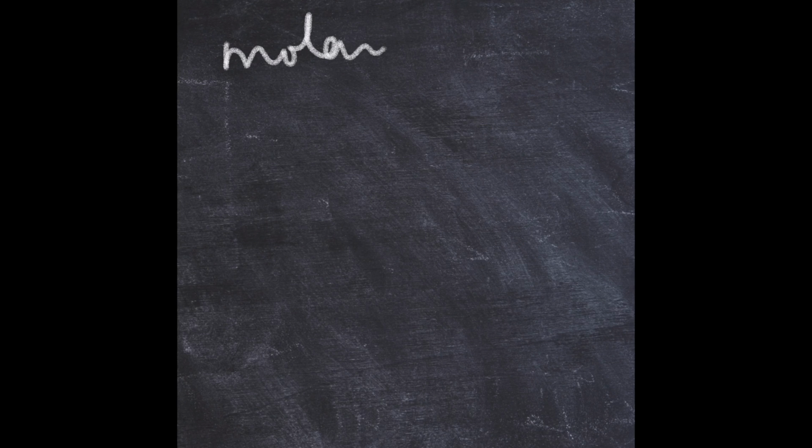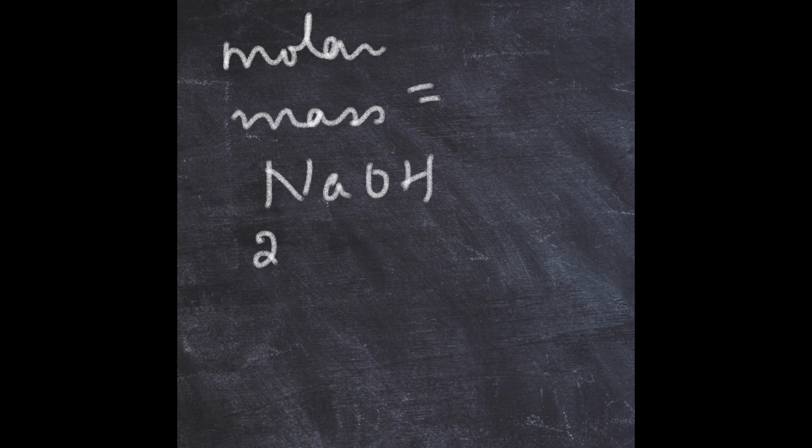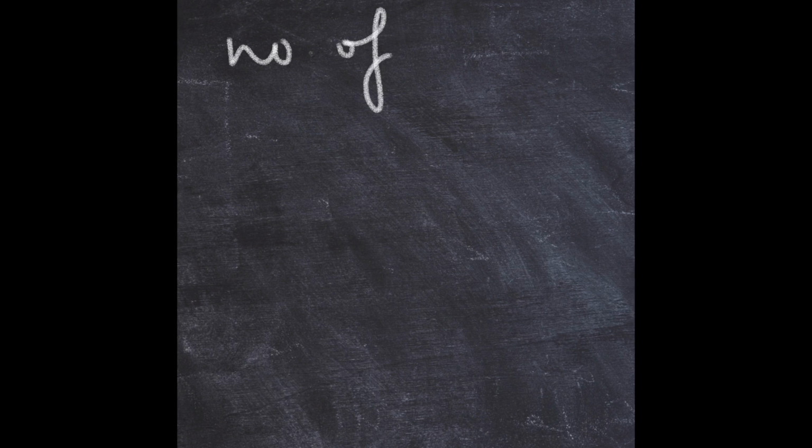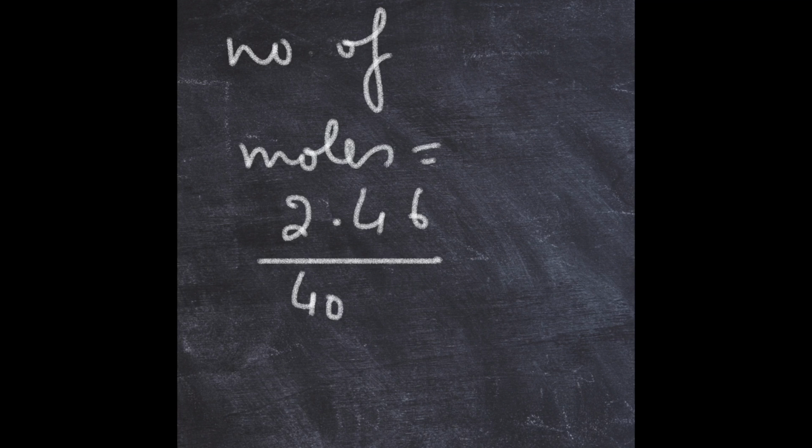NaOH you have, so Na is 23 plus 16 plus 1, this is equal to 40 u. So number of moles is equal to given mass, which is 2.46, divided by molar mass, that is 40, and this comes out to be 0.0615.